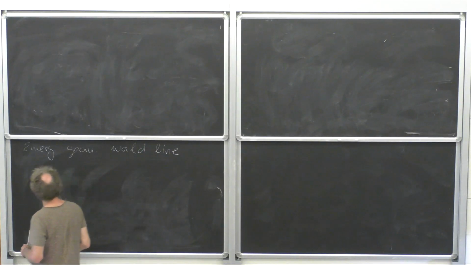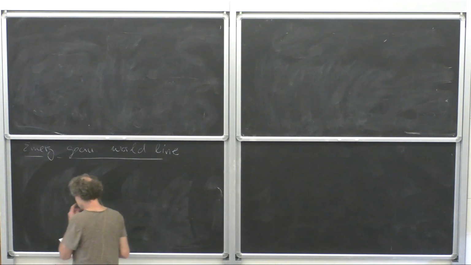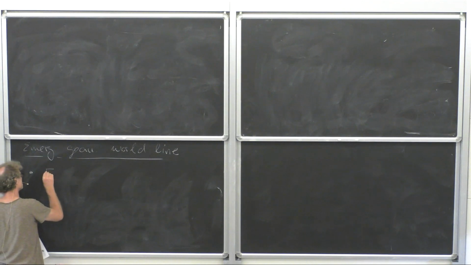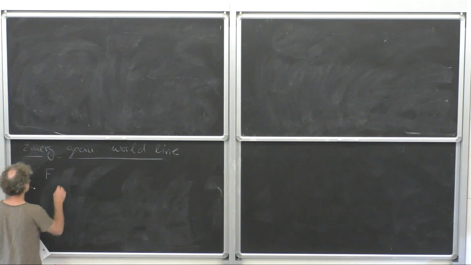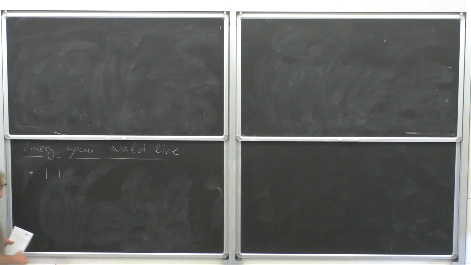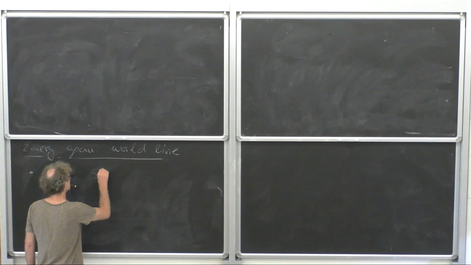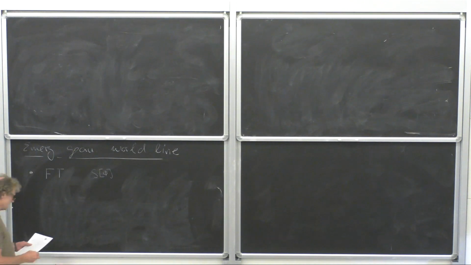So let me start with the motivation. When you do BV field theory, there are several ways to do the BV formulation. One is what we might call the field theory approach. You start with some action of space-time fields, and then you add fields and anti-fields.